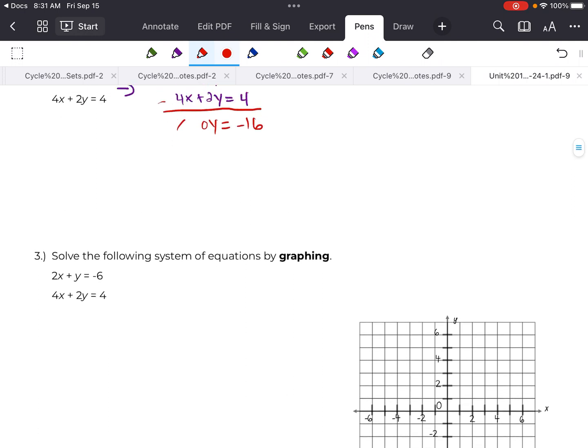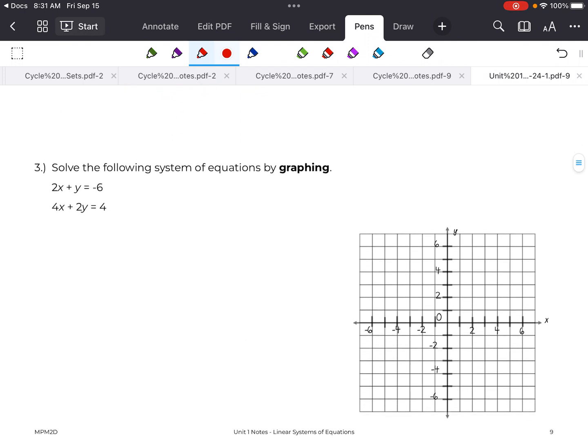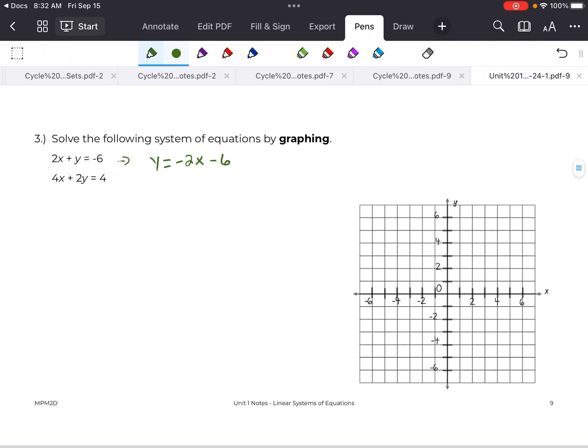What about graphing? So for graphing, we need them both in y equals mx plus b. You can work with intercepts if you want, but we can't always do that. So let's practice y equals mx plus b. Well, we know this top one. We have already done it, so you just move the 2x over. So the green one, we are going to start at negative 6.